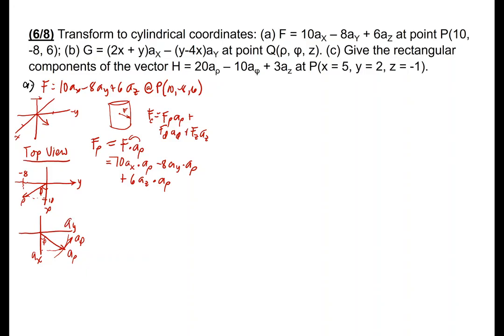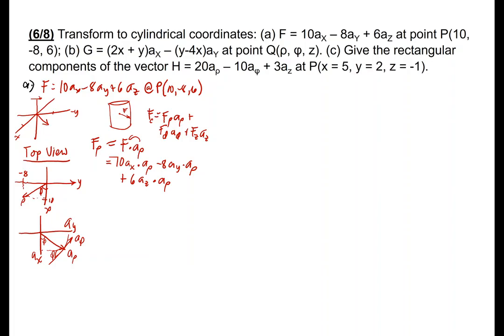This is ax and then this is a rho. So I'm trying to plot the drawing for unit vectors. Take note of this. Now if you want to expand that one, this is actually the phi.